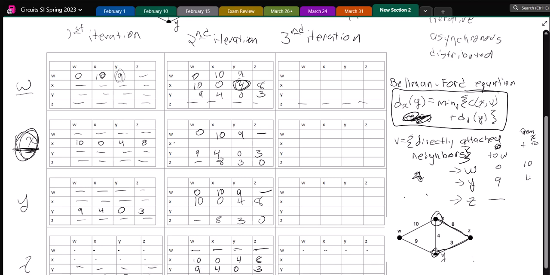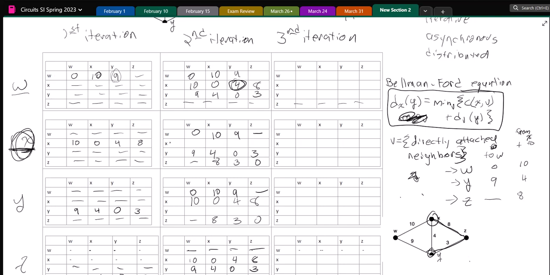It costs 4. How much does it cost to go from x to z? It costs 8. So I add across. So 0 plus 10 is 10, 9 plus 4 is 13, and I can't add these, so that's nothing. So I take my minimum, and my minimum is 10. And so my minimum cost from x to w is 10.